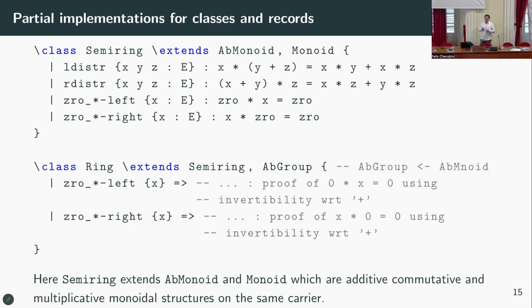So you can say that you implement these fields, and for this you need what's called partial implementations. Another name for this construct is manifest fields. That's what we have in Arend.